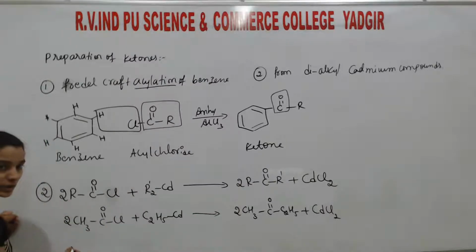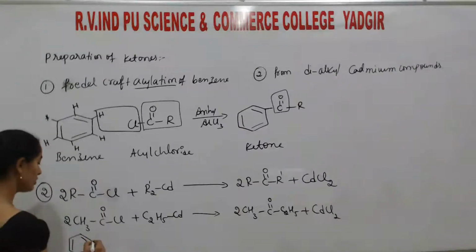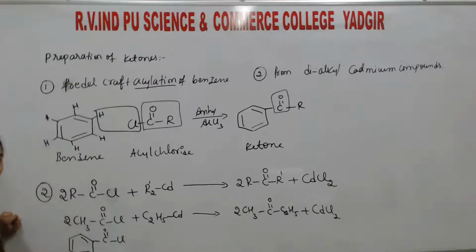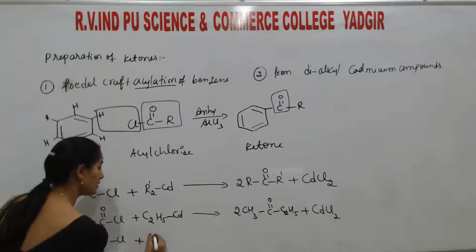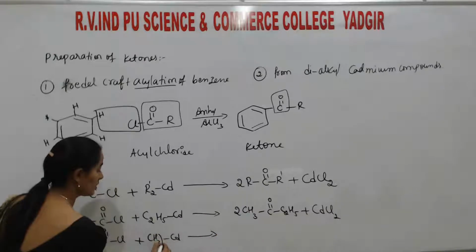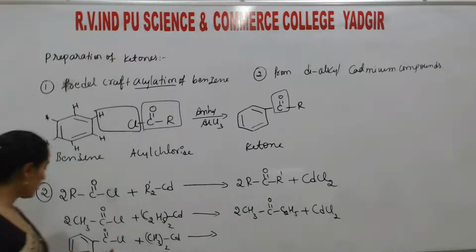You get it? So I will write here. This is the benzene ring. To this benzene ring, C double bond O, Cl is attached, plus CH3 twice, Cd. Here also twice, Cd. Then what happens here?